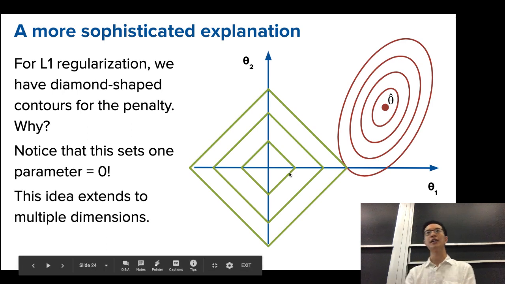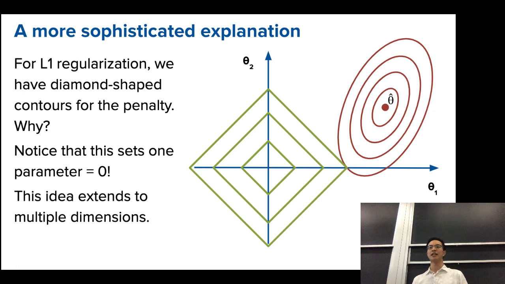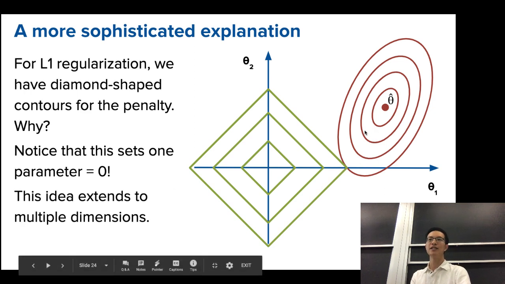So instead of squaring them and getting a circle, I'm summing them and getting linear piecewise functions here. Okay, and because they're linear, I get this sort of contour for the penalty for L1 regularization.